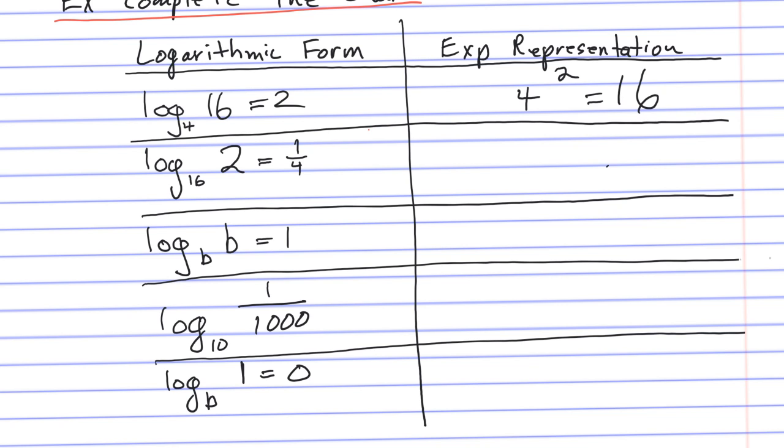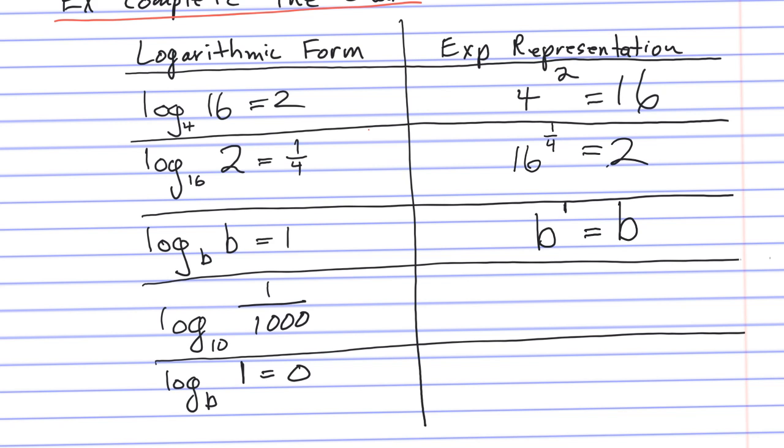So what that's saying is, for the base of 16, if we raise it to the 1/4, we get 2 back. For the next one, if I have log base b of b is equal to 1, that means b to the exponent 1 is equal to b.